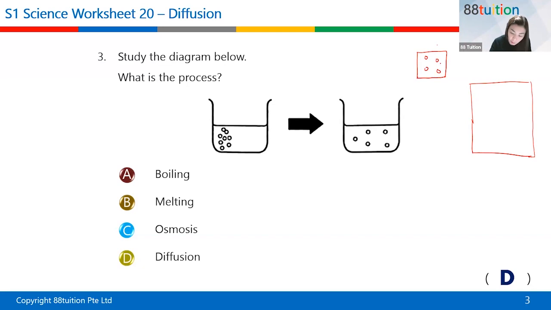So when you transfer the same volume of gas into a bigger container, do you think it spreads out to occupy the whole space? Or it's going to stay in one corner? It can't stay in one corner, right? It's going to spread out. How? Can I draw something like that?